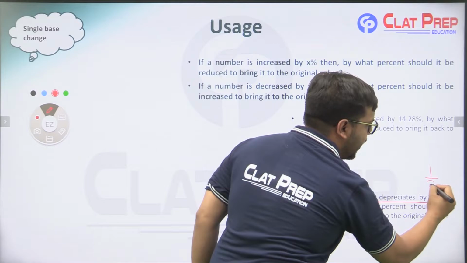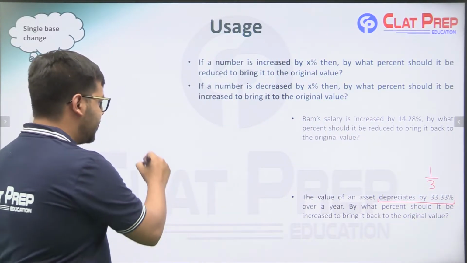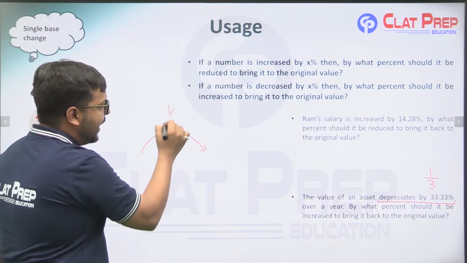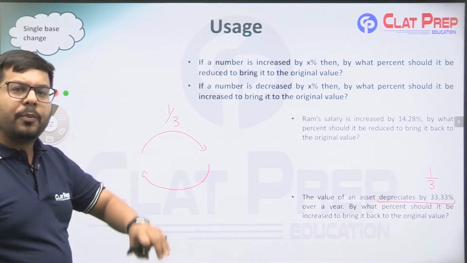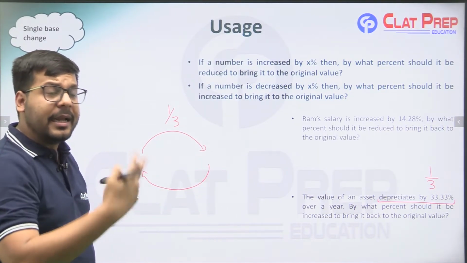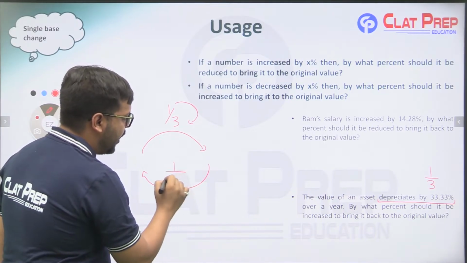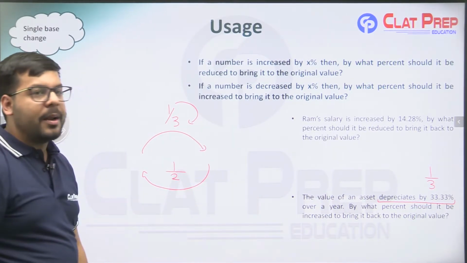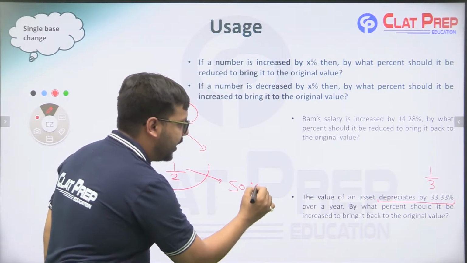What is the fractional equivalent of 33.33%? It is nothing but 1 by 3. So if I'm saying that the value decreases by 1 by 3, by what percent should it be increased to bring it back to the original value? I can see that the question clearly mentioned it decreases. When it decreases, I have to subtract the numerator from the denominator and my answer will be 1 by 2. What is 1 by 2? 1 by 2 is nothing but 50%.